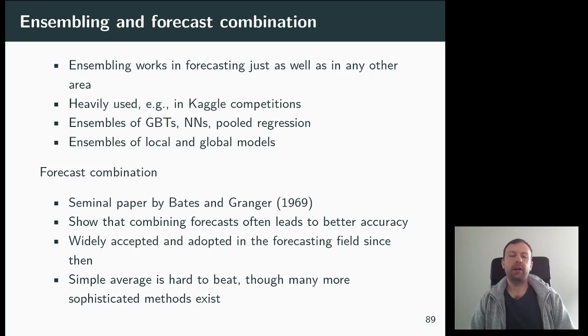And one conclusion from that research is that the simple average is often really hard to beat, even though many more sophisticated methods exist, right? So basically you build a gradient boosted tree, build a neural network, and then you just do a simple average of the two, and that tends to improve.